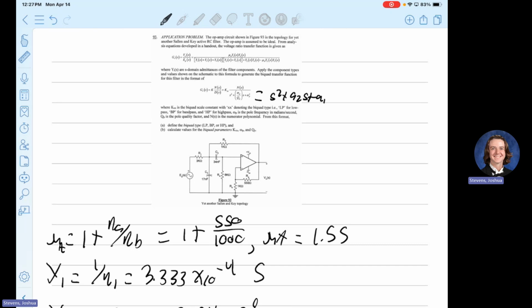So that KXX is actually a KBP. Low pass would be KLP, high pass would be KHP. So it's just the scaling constant of your filter. That's when I went back to book 2, chapter 3 and figured out which one it was. These questions are relatively easy to do. As long as you've got a TI-Nspire or something that can do it, you're chilling.